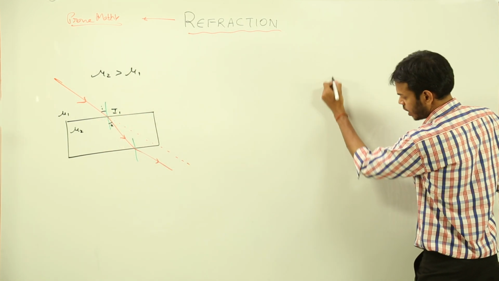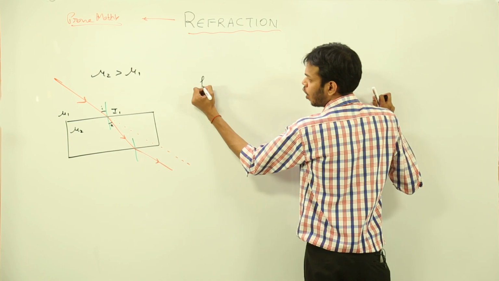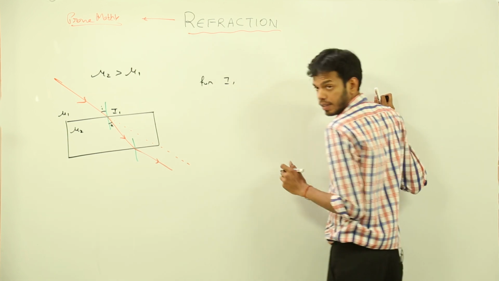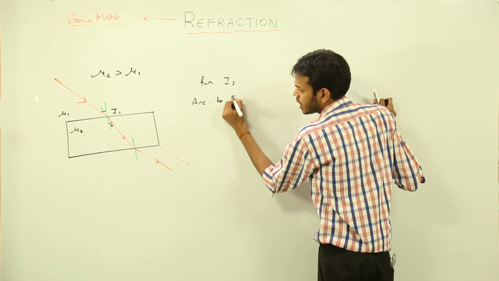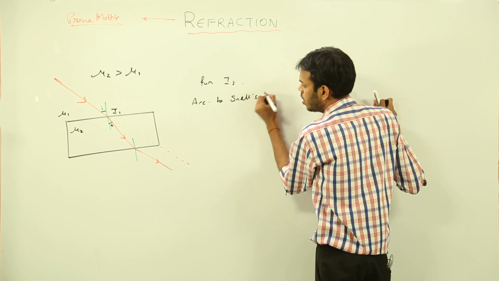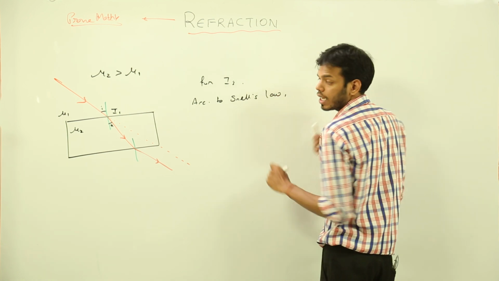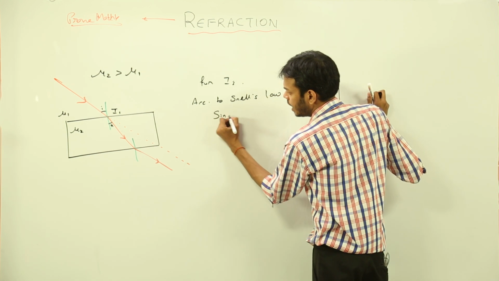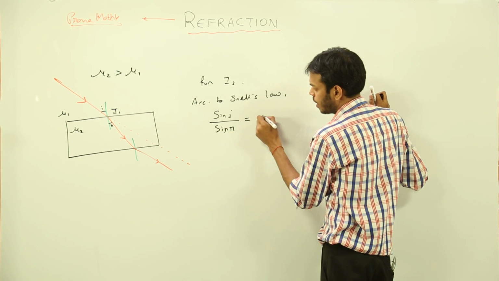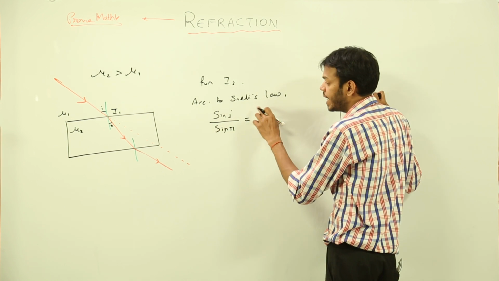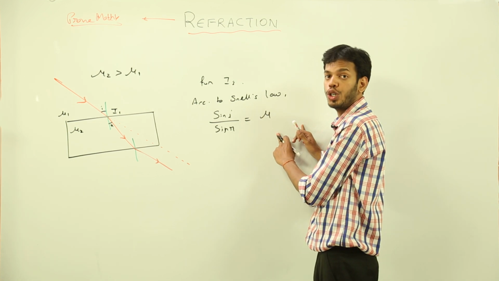So I'll use the board in two halves, and for interface 1, what do we have? According to Snell's law, how do we use Snell's law? We always use Snell's law like this: sine I over sine R is equal to what? Mu, not just mu, either it has to be 1 mu 2 or it has to be 2 mu 1.